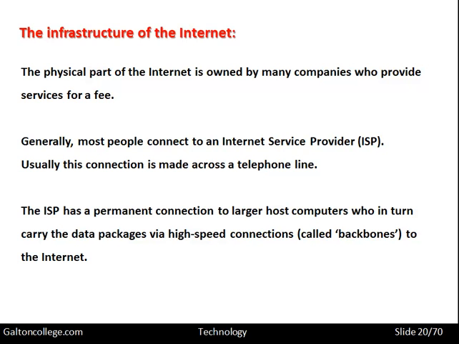It could be very fast indeed. But the backbone of the internet is this very fast connection between very powerful computers using very high-speed connectors like fiber optics. This is known sometimes as the information superhighway. That's what we mean by the superhighway. We mean this very fast connection that exists between certain parts of the internet.